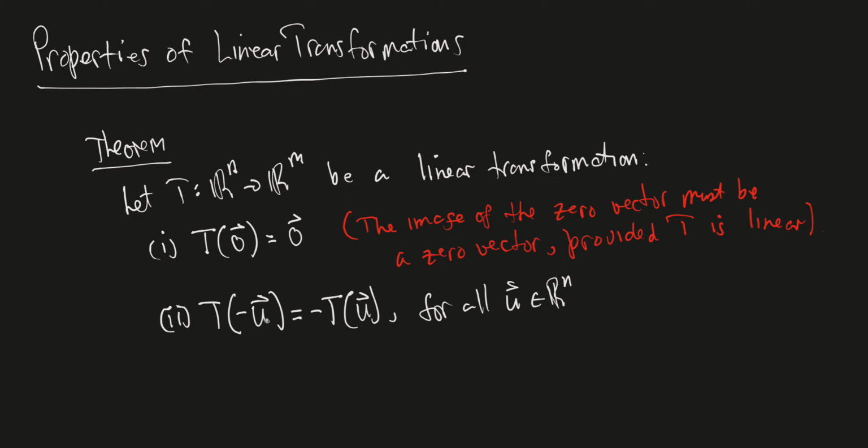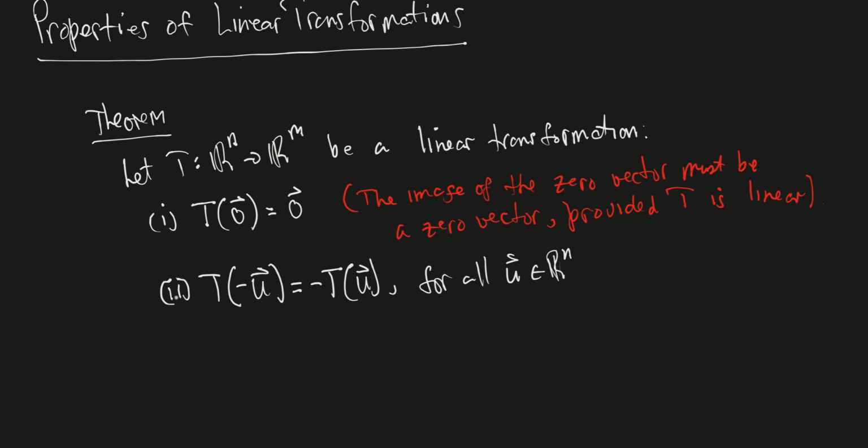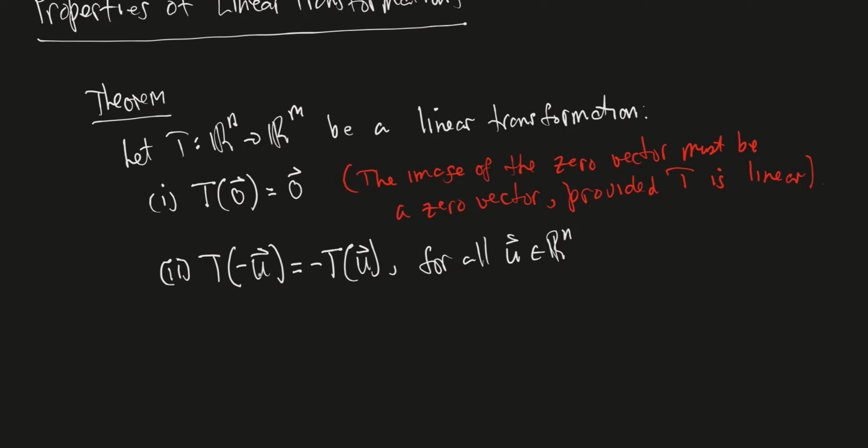This should remind you of the property that's part of the definition of a linear transformation, that the transform of a scalar multiple of a vector is the same as the scalar multiple of the image of that vector. A lot of these are fairly easy to prove. I'll prove a couple of them just so you can see what it looks like, but really it's just seeing what these properties are saying and then seeing how we can utilize them in other problems.